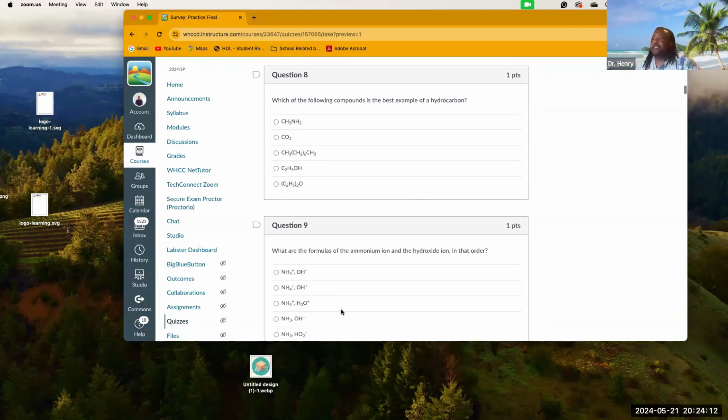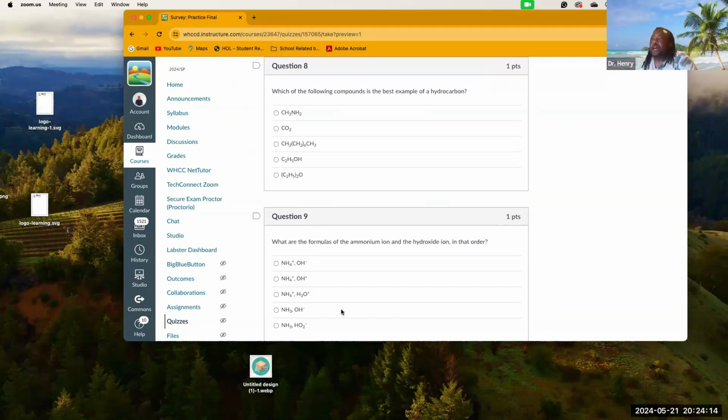Okay. Hard question here. It says, which of the following compounds is the best example of a hydrocarbon? So what is the definition of a hydrocarbon? Yes, something that has only hydrogen and carbon.